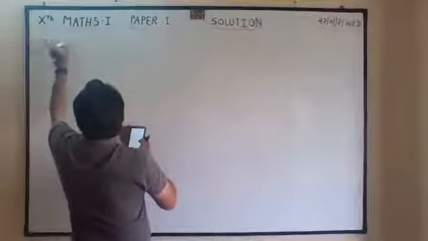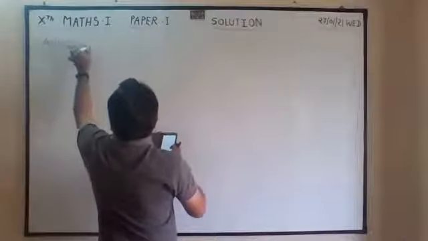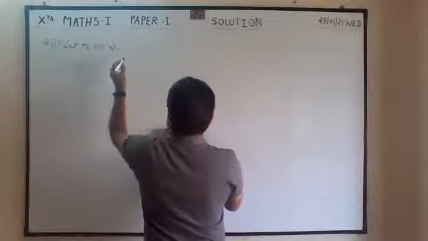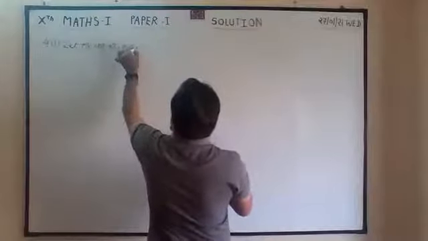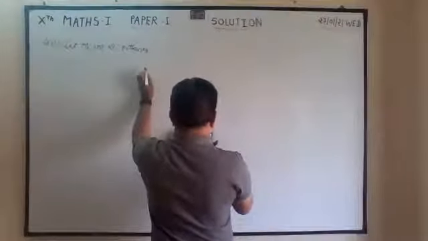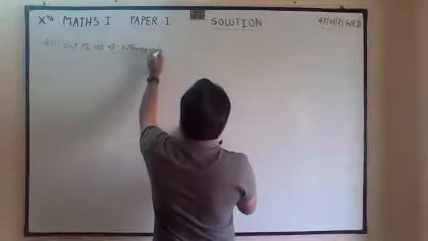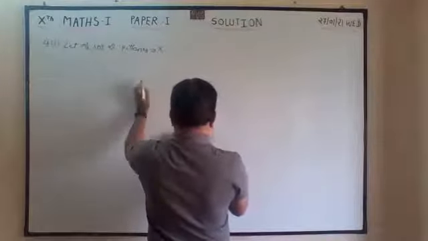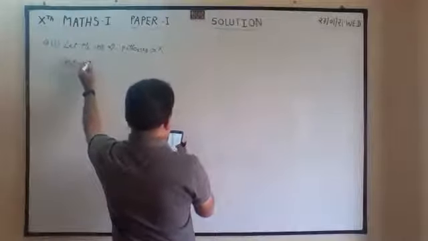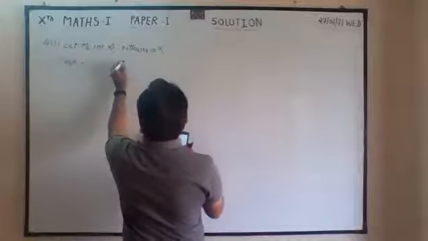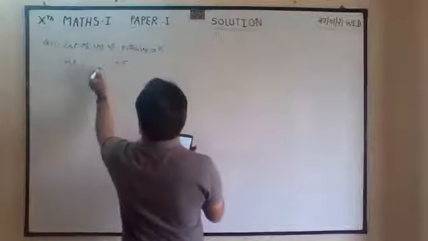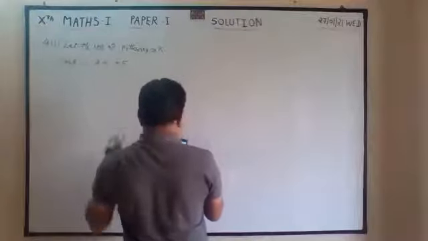First, let the number of potteries be x. The cost is, as per the given condition, 5 rupees more than twice of this.